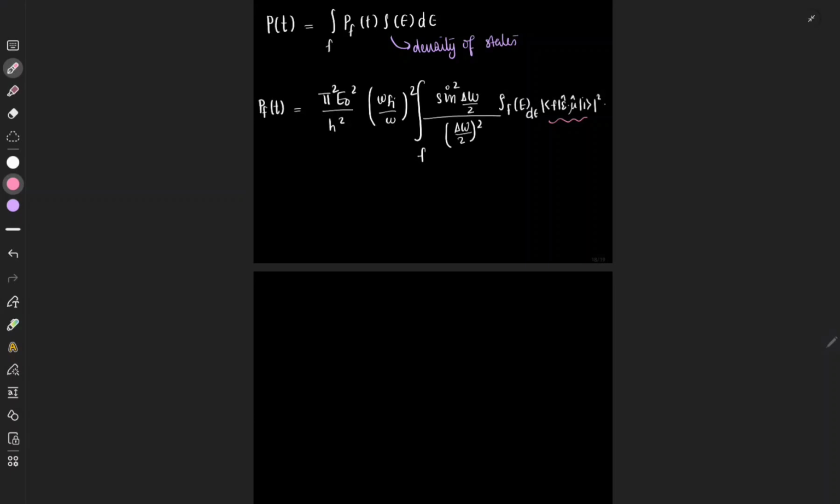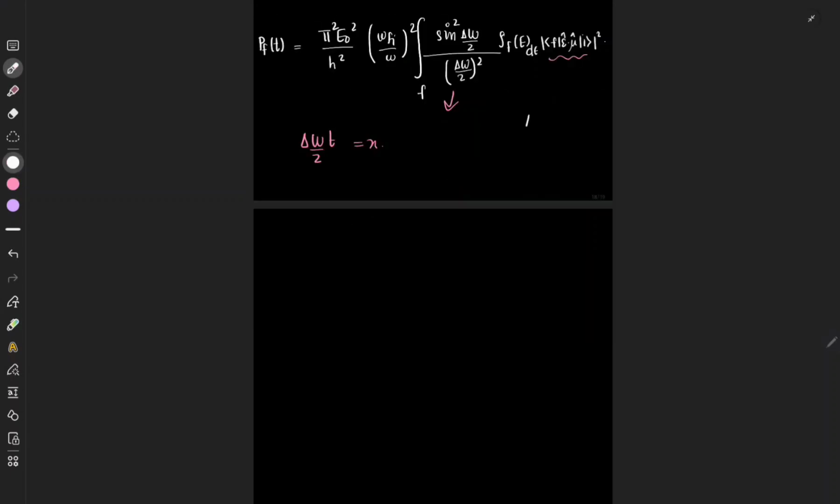In order to evaluate this integral, let us assume that delta omega T by 2 is equal to x. Delta omega is omega fi minus omega. Omega fi is nothing but E by h cross.